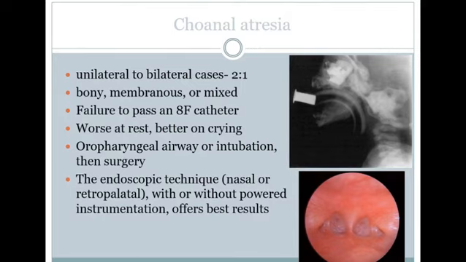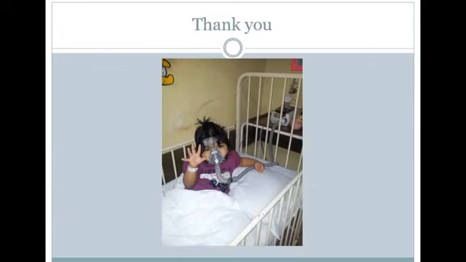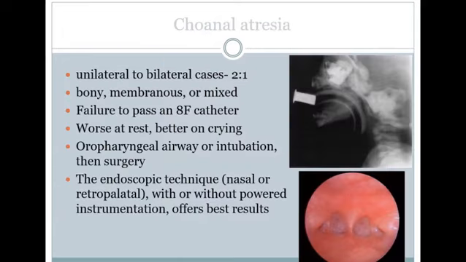And naturally, remember the anatomy of the oral cavity in the newborn, whereby your tongue occupies the whole of your oral cavity. So there is practically no space to breathe through the mouth as well. So when you have both nose and mouth blocked, there will be shortness of breath immediately at birth.